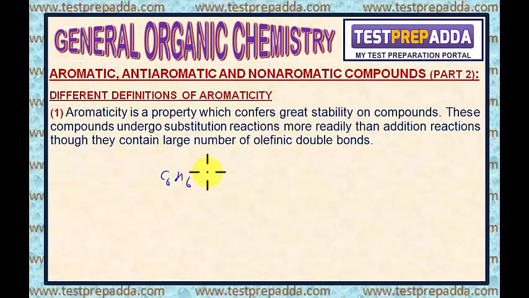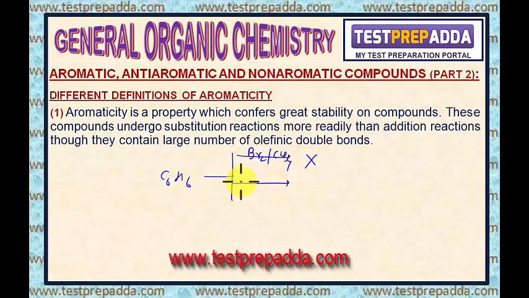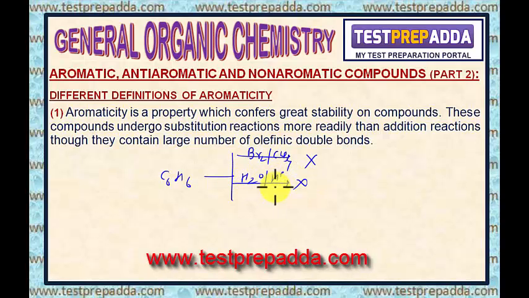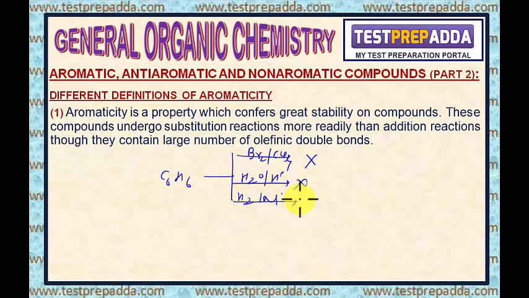C6H6. When this benzene is reacted with Br2 in CCl4, no reaction. When reacted with H2O/H+, no reaction. When reacted with H2/Ni, no reaction. When reacted with cold alkaline KMnO4, no oxidation.